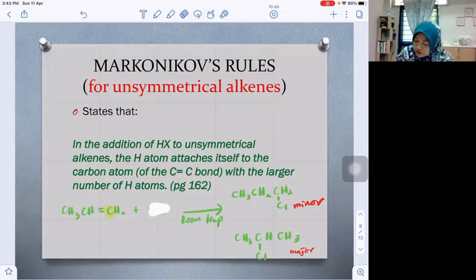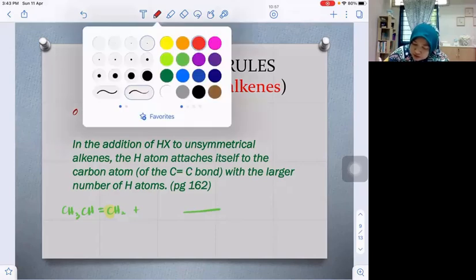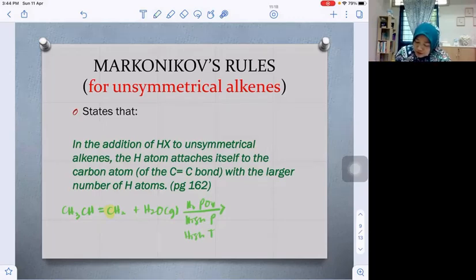So let's try, if let's say we have a hydration reaction, it is now reacted with H2O gas, and the condition is H3PO4, high pressure, and also high temperature. So we know that it's either this carbon that will receive H and the other one will receive hydroxyl attached to it, or the other way around.